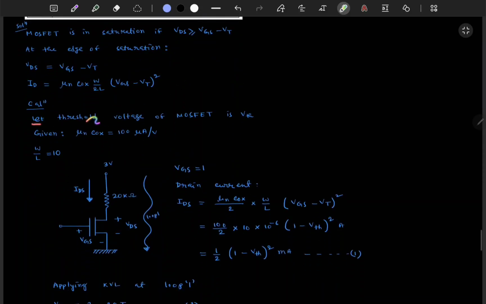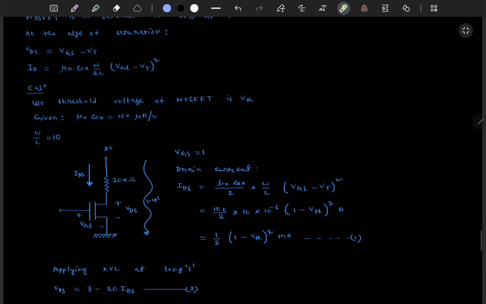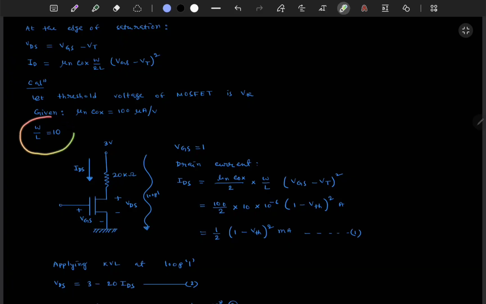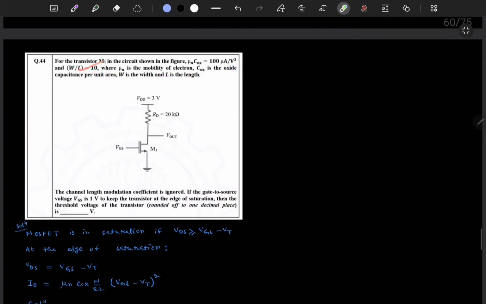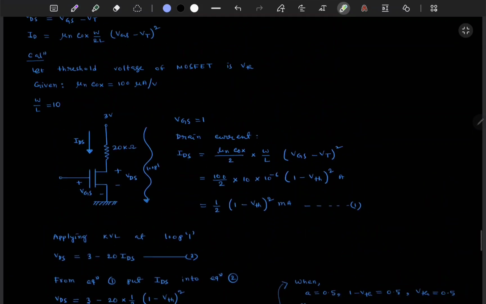Now calculation, let the threshold voltage of the MOSFET be VTH. Given mu1 Cox and W by L equal to 10, it is given actually. Now we are applying the KVL in the output loop.